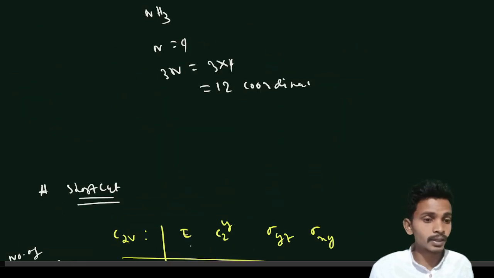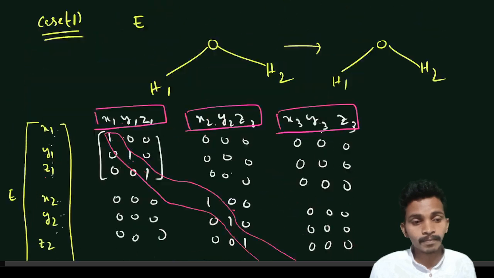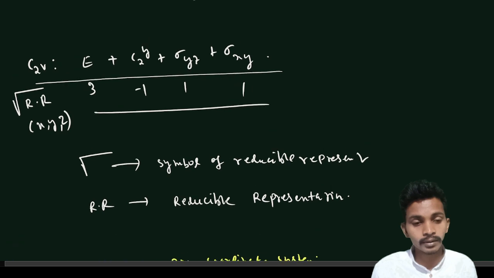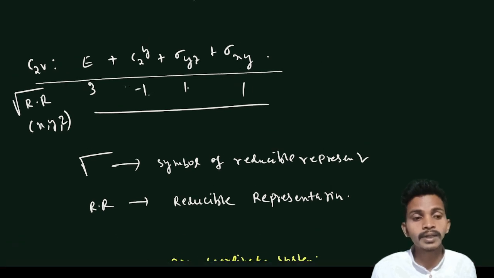We have already discussed that. This is very easy to remember: C2Y is -1, sigma is always 1, and E is always 3.